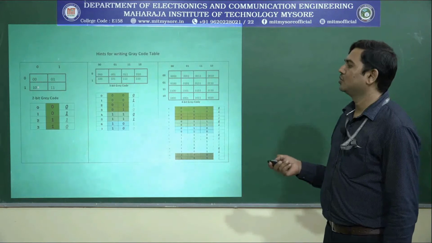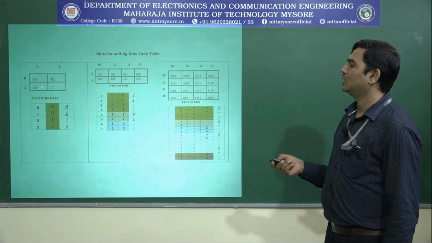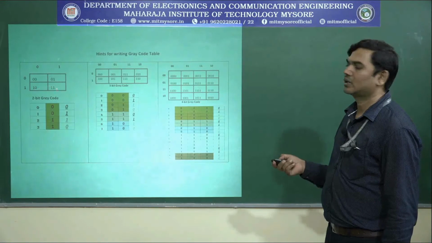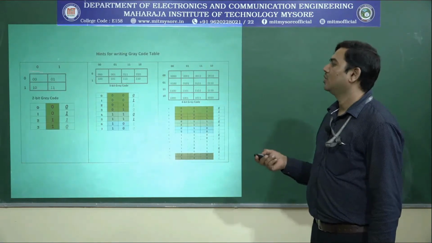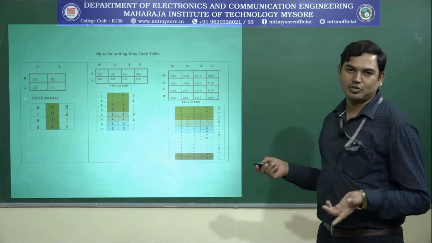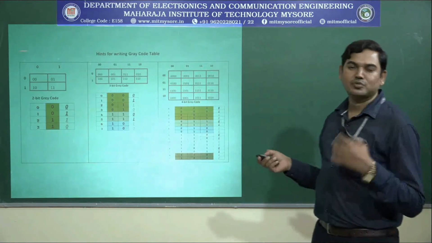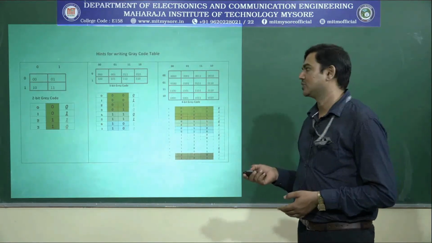If you check these two, here the LSB are same, only the MSB toggles. If you check these two, we have MSB as 1, only the LSB toggles. Here the 0 here, there is a 1 here. So, only by grouping the logically adjacent cell, it is possible for us to eliminate one of the variables. That is the principle behind the K-map, which we already studied in our previous semesters.